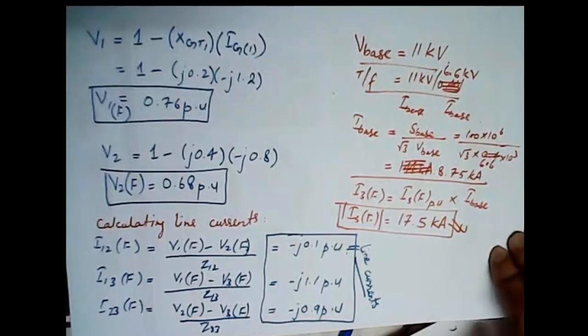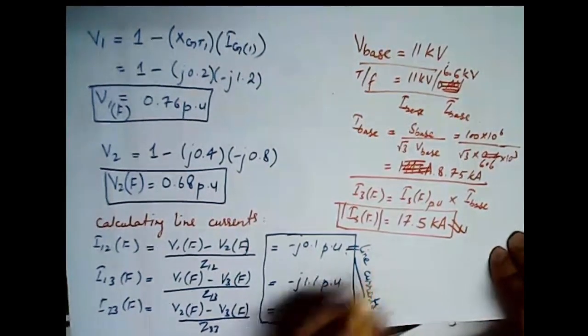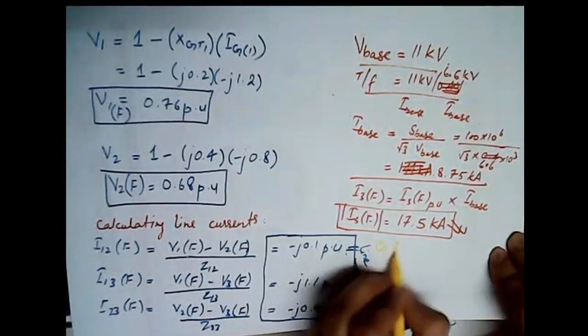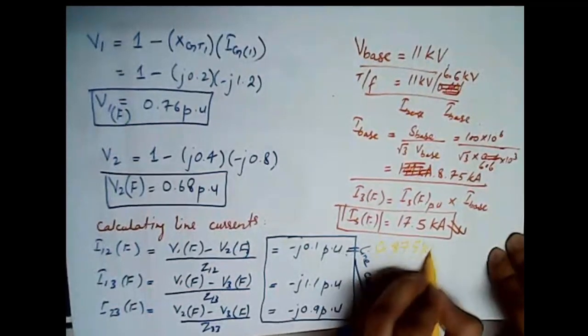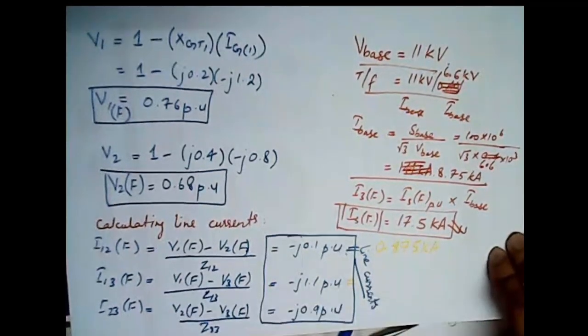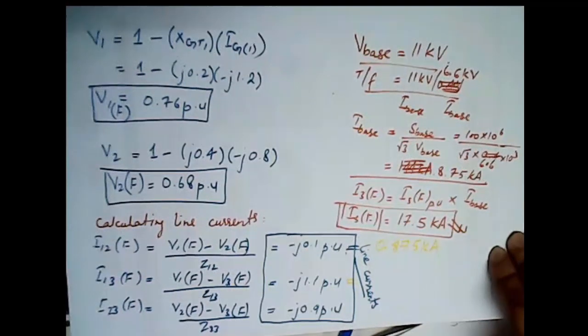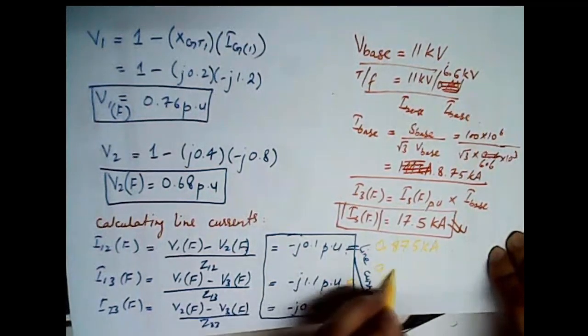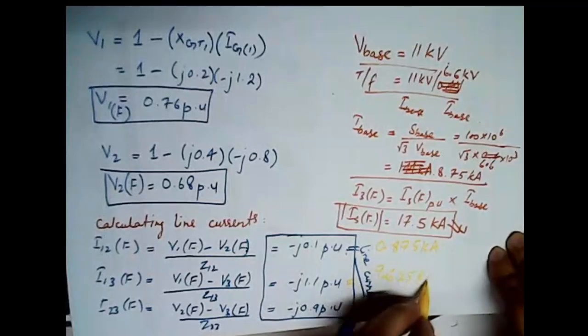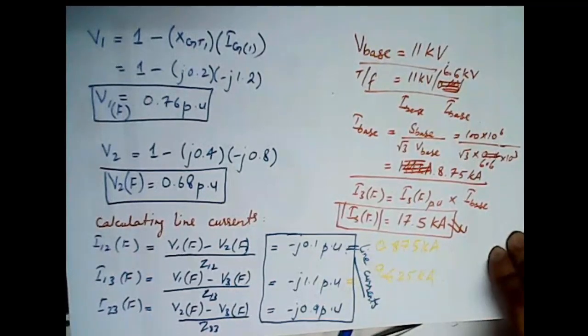The line current flowing through I12 will be 0.875 kiloamperes. I13 will be 8.75 times 1.1. The magnitude I am only talking about, this will be 9.625 kiloamperes, and I23 will be 0.9 times 8.75.